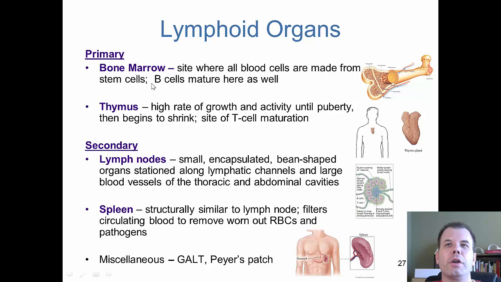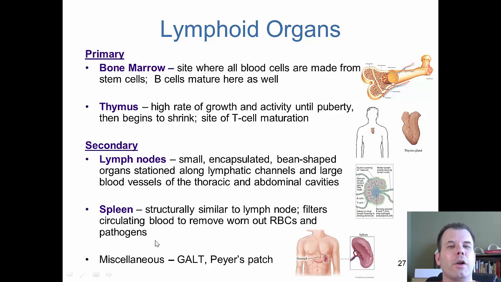So the primary are your bone marrow and your thymus. These are where the cells are made and matured. Bone marrow makes all the cells, and it matures the B cells. The thymus is where the T cells mature. We'll look at that again in chapter 15, but those are the primary: either made or matured there.